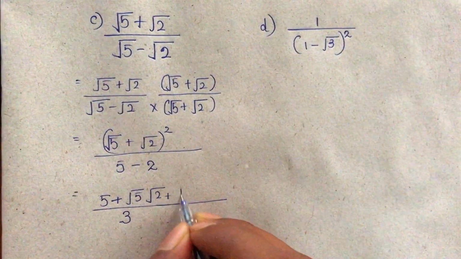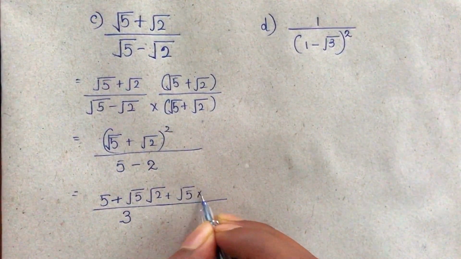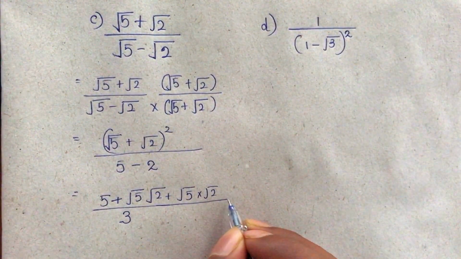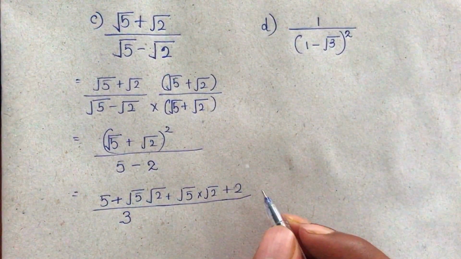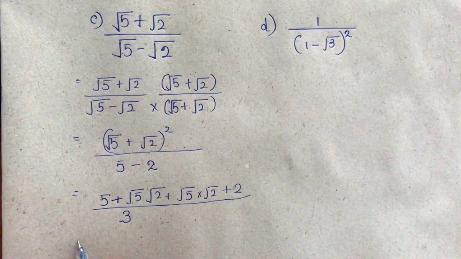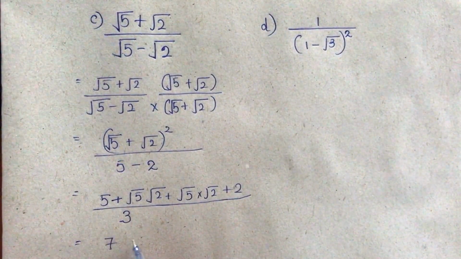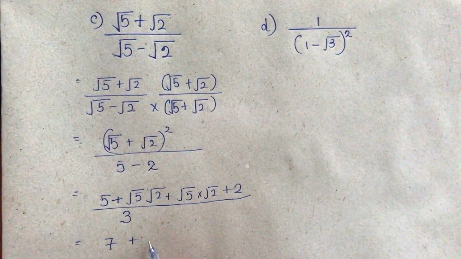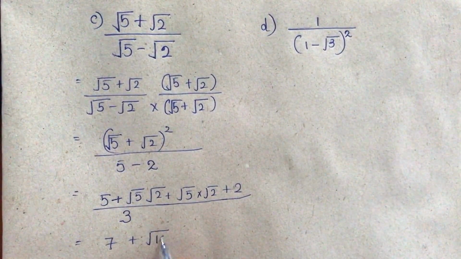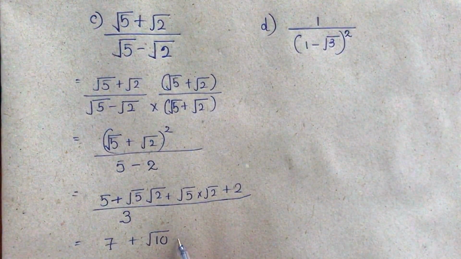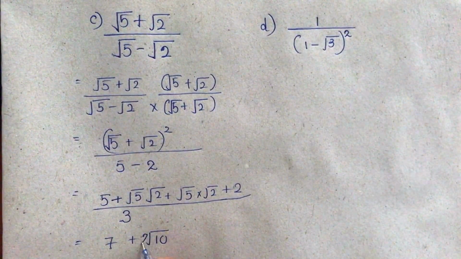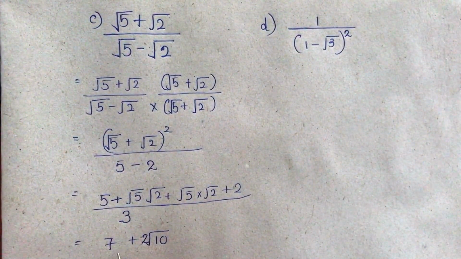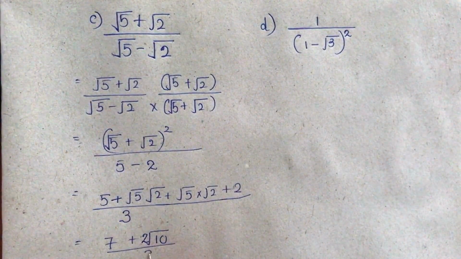Now you can simplify those numbers. 5 plus 2 is 7, and square root 2 times square root 5 is square root 10. There are two of these, so we can write 2 square root 10 over 3. This is the final answer.